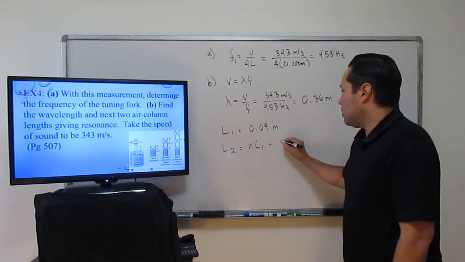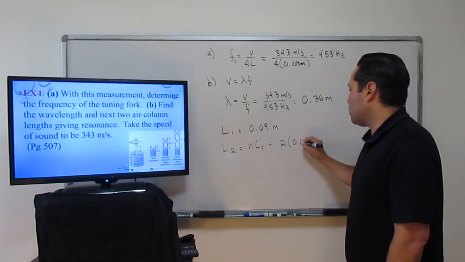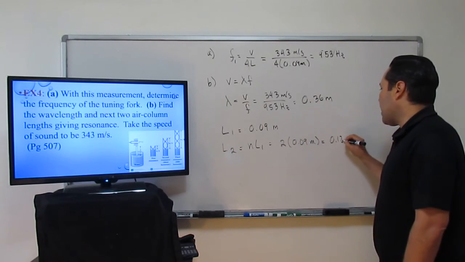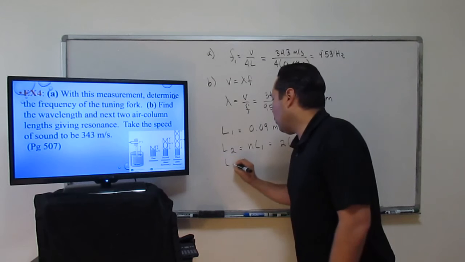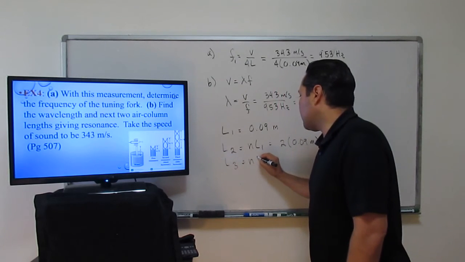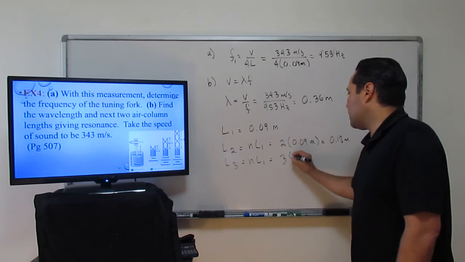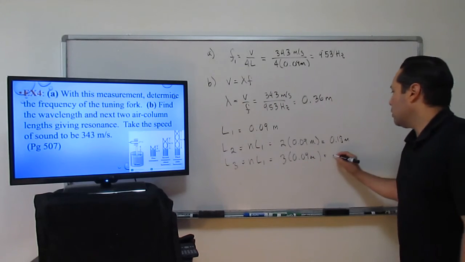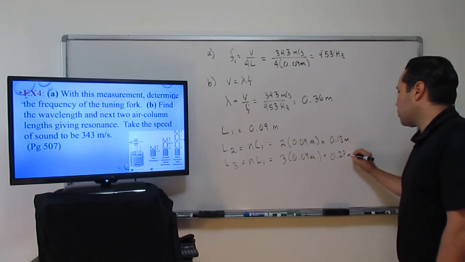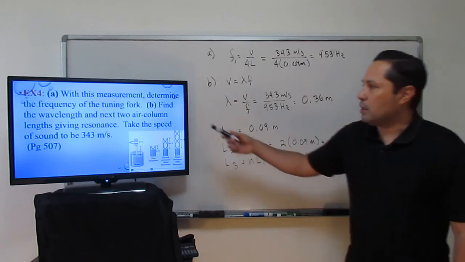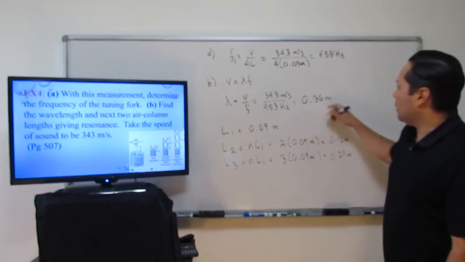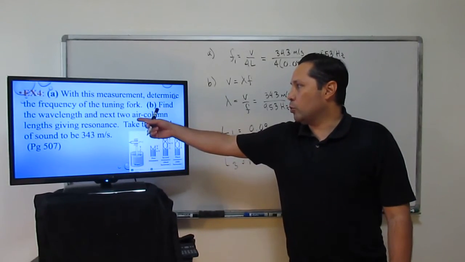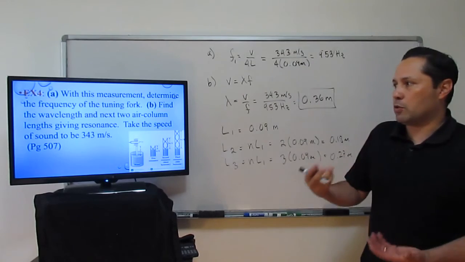So that's 2 multiplied times 0.09 meters, which gives us 0.18 meters. And L3 is N times L1, which is 3 times 0.09 meters. So that gives us 0.27 meters. All right, so that will be the next two air columns giving us resonance.